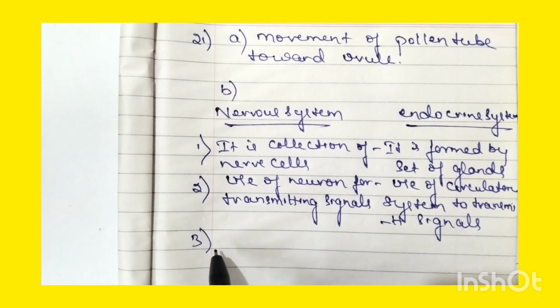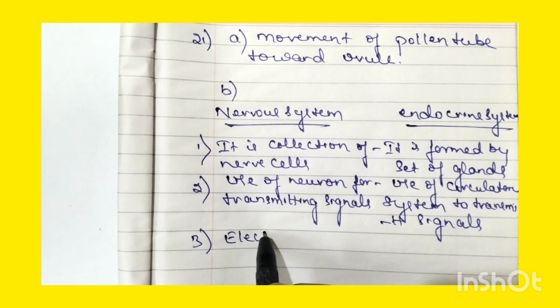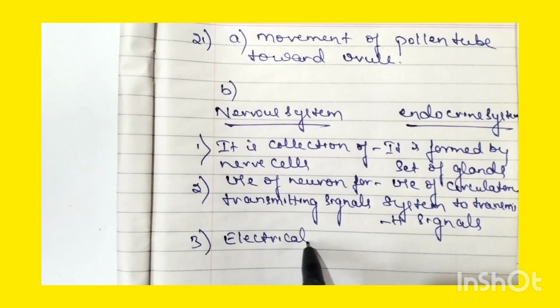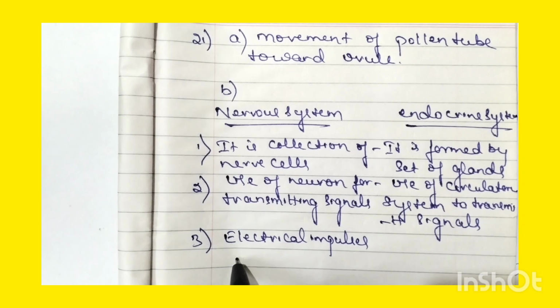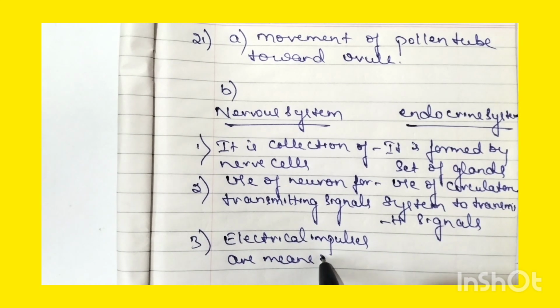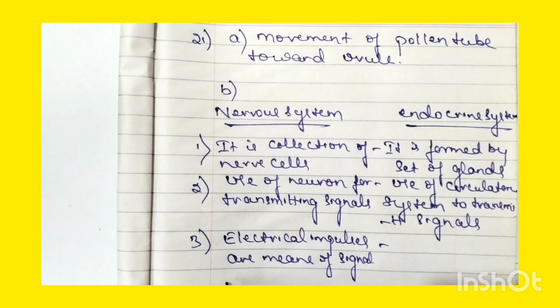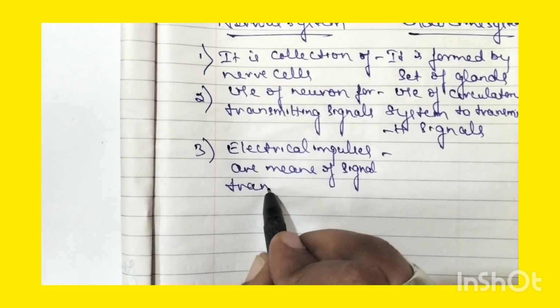Then the third difference is, in the nervous system, information will be carried in the form of electrical impulses. Electrical impulses are the means of signal transmission.